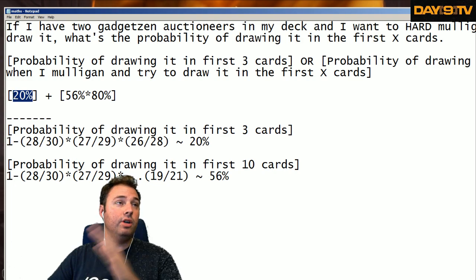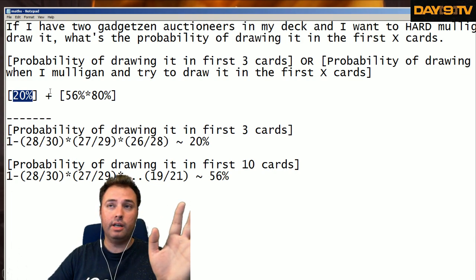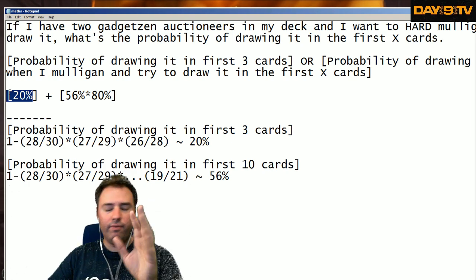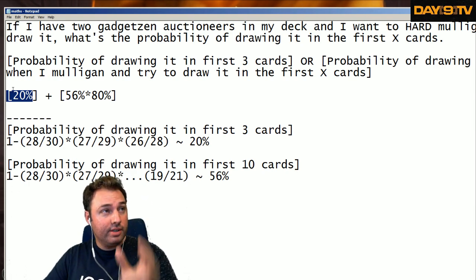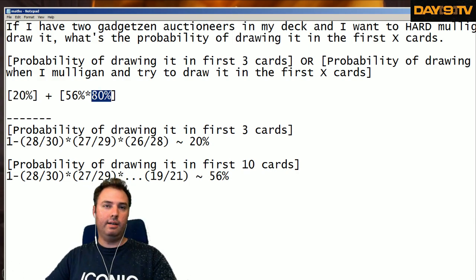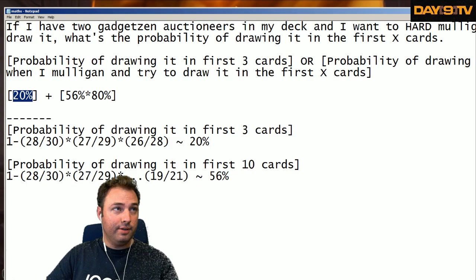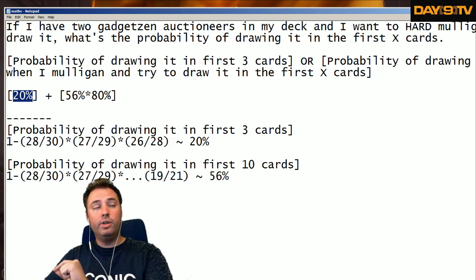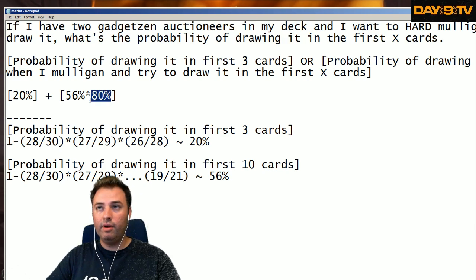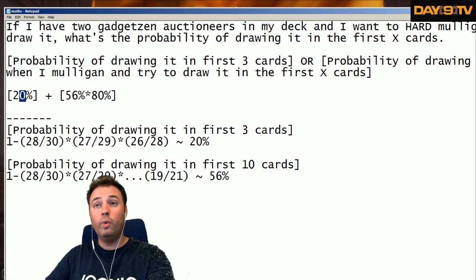I don't mulligan because I have the Gadgetzan in. And if I'm not mulliganing 20% of the time because I already have it, 80% of the time I am mulliganing. If I don't get it, which happens 80% of the time, I'm mulliganing. See where I got the 80 from? This 80 is connected to this 20. For instance, if this was 25%, this would be 75%, right?